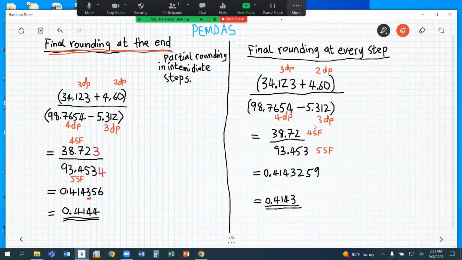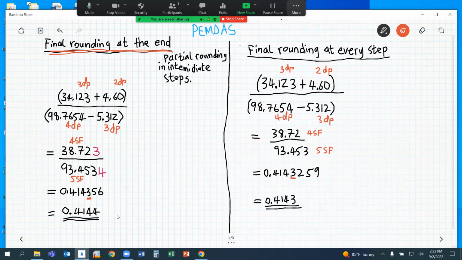But our answer has to be to 4 significant figures, so we should end right here. The next digit after 3 is less than 5, so we cannot round up this 3. Instead, we leave it as it is. So this final answer will round down to 0.4143.